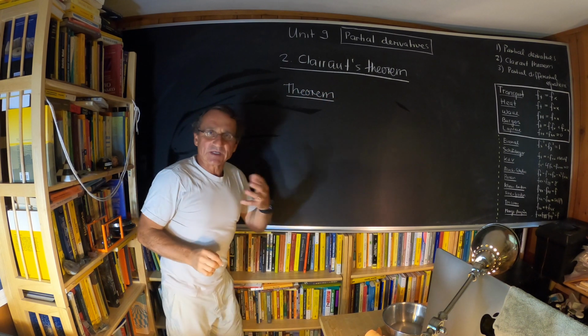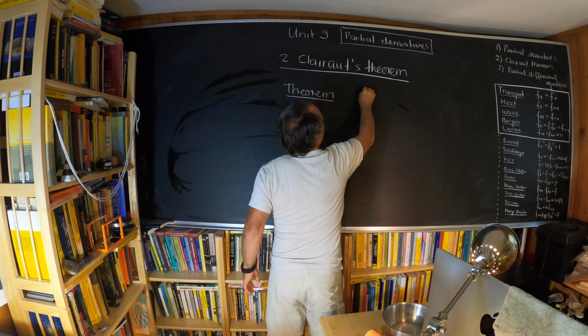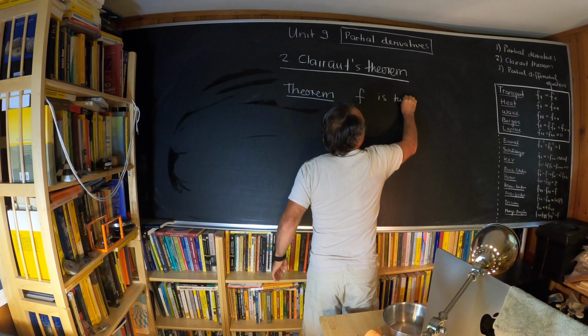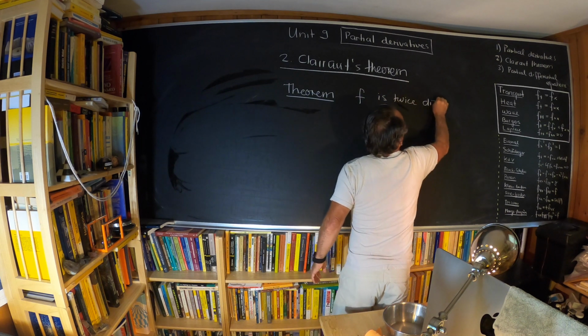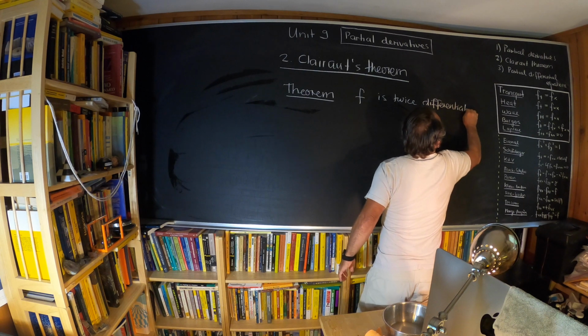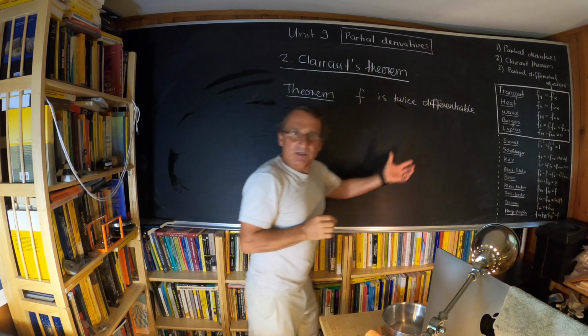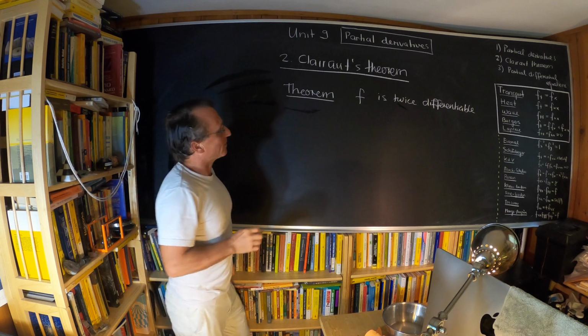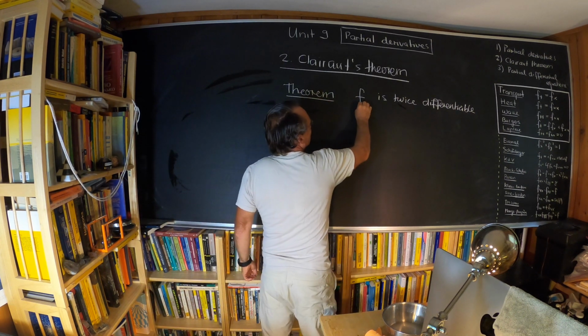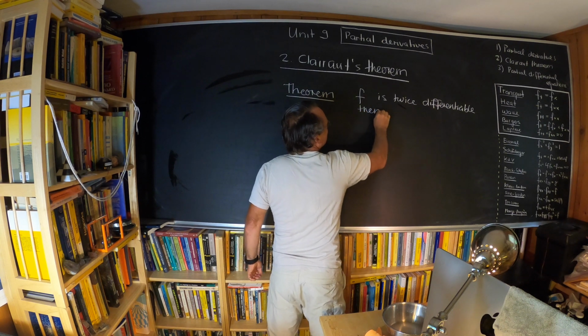So we have to assume that f is twice differentiable, meaning that if you take the derivatives, these mixed derivatives, they are continuous functions, so continuously differentiable, then f_xy equals f_yx.